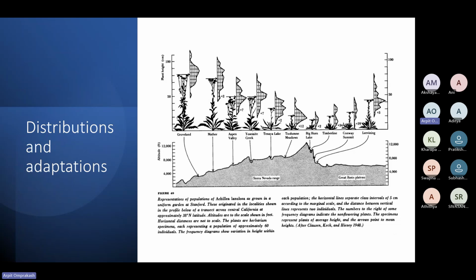Then next, we also see that because species are found in certain areas, they are adapted to that area, and those adaptations might sometimes last for even a few more generations.